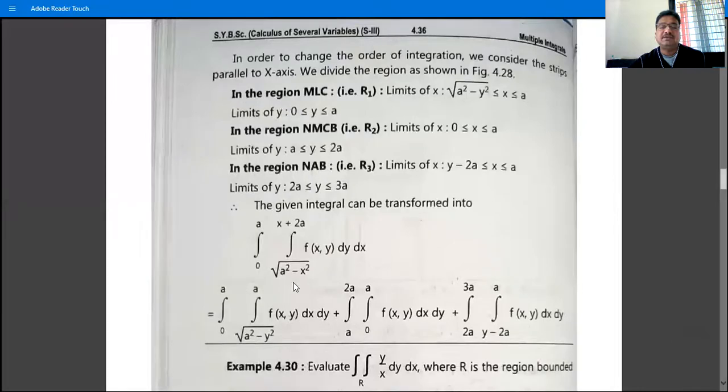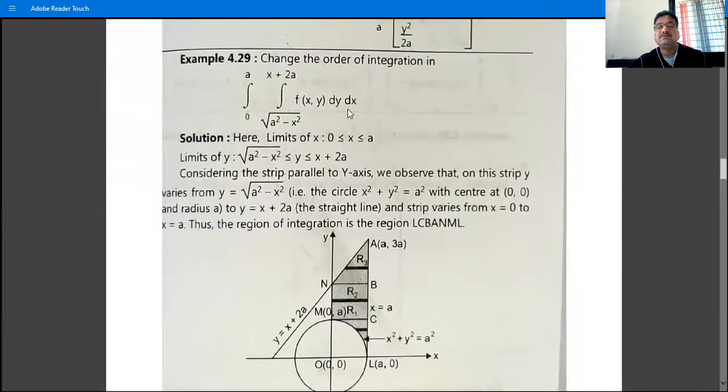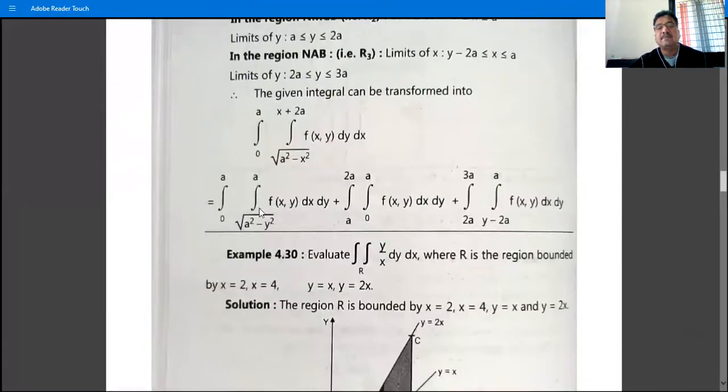Now the given double integration of f(x, y) dy dx is equal to the double integration over R1 of f(x, y) dx dy, instead of dy dx write dx dy, plus the double integration over R2, plus the double integration over R3.